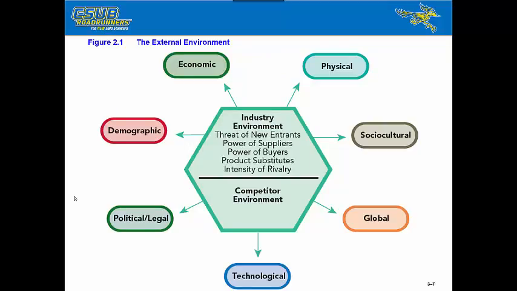So this is a nice map of driving forces on the outside. And then the next concept we're going to talk about is Porter's 5 forces, which are on the inside of this. And this is a really good way of characterizing any industry that you're looking at.